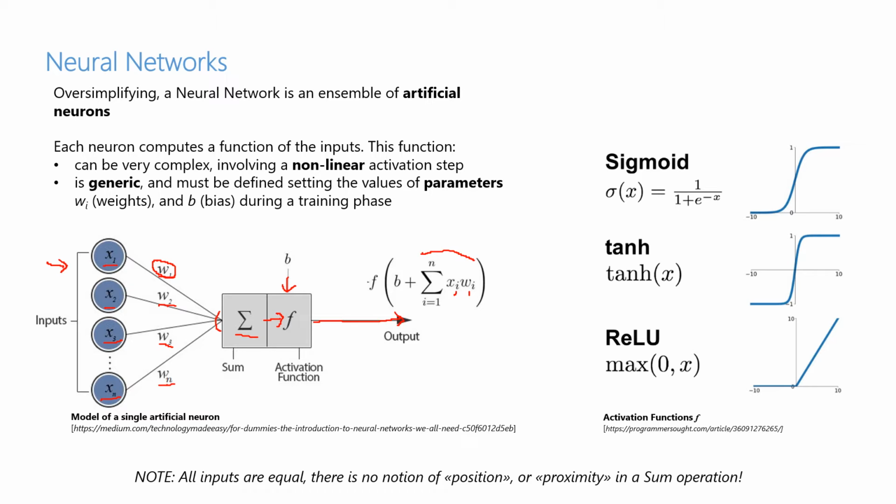We have the total, and we have the bias, and these all together is input to the function f, and this is the output of our neuron. The function f most of the times is a nonlinear function.